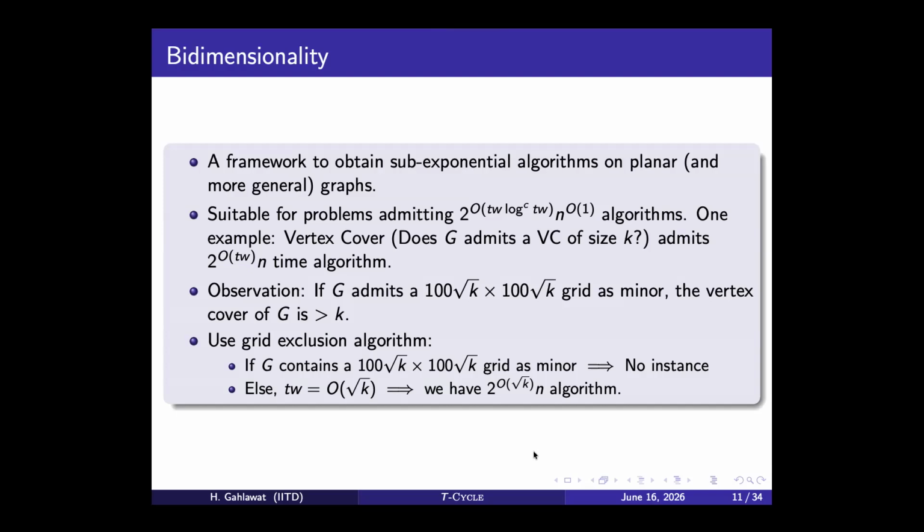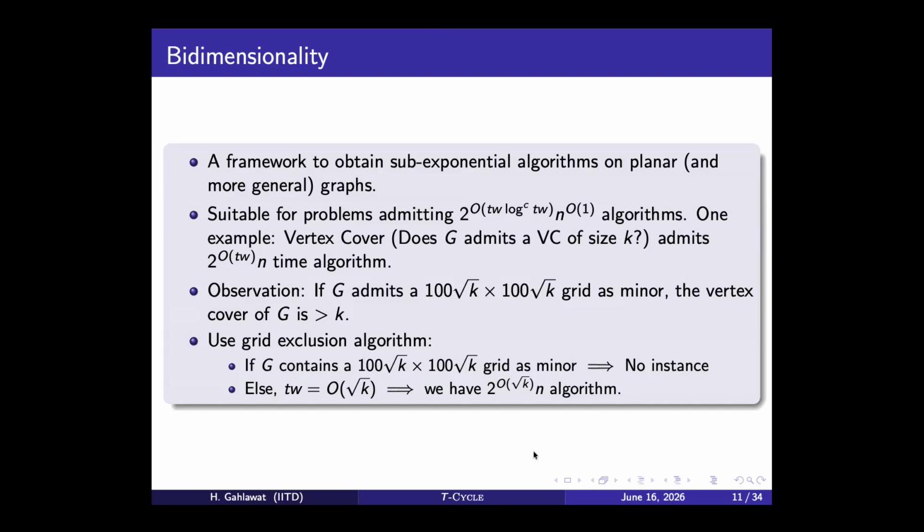You ask whether there is a grid. If you are returned a grid, you say this is a no instance. Otherwise, you are returned a tree decomposition of width at most square root of k, and you are very happy. You achieved an algorithm.